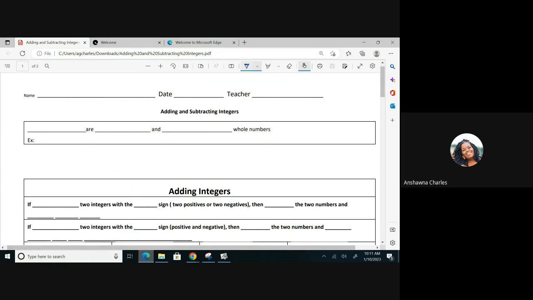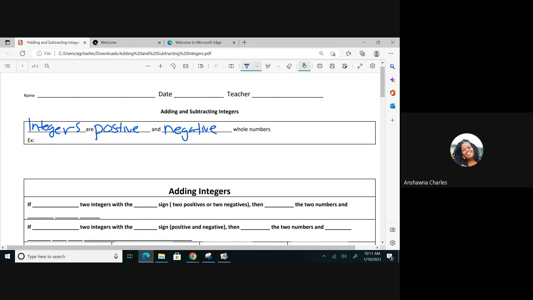First of all, you need to know what the integer is. Does anybody know what an integer is? An integer, or integers, are positive and negative whole numbers. Okay.